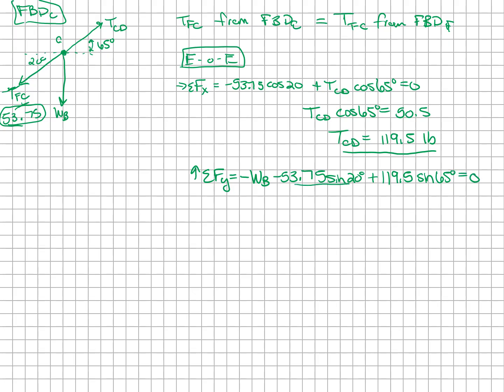So this is a scalar, this is a scalar. I can just solve for my WB. Negative WB minus 18.38 plus 108 is equal to 0. So WB is equal to 89.62 pounds.